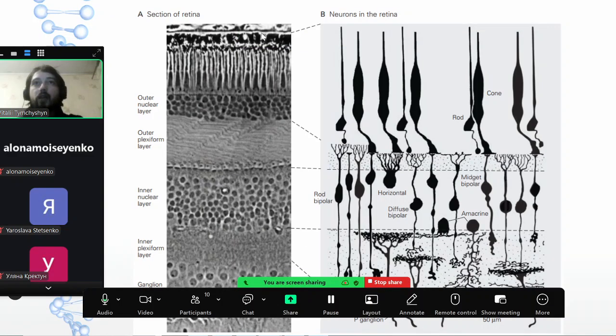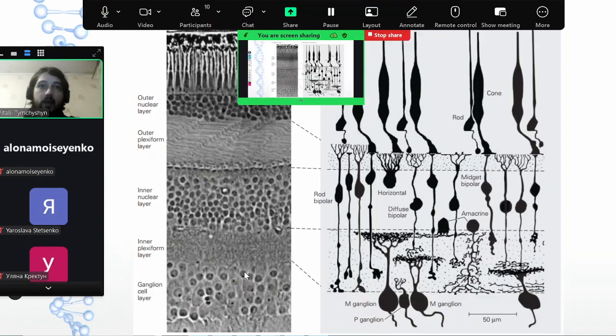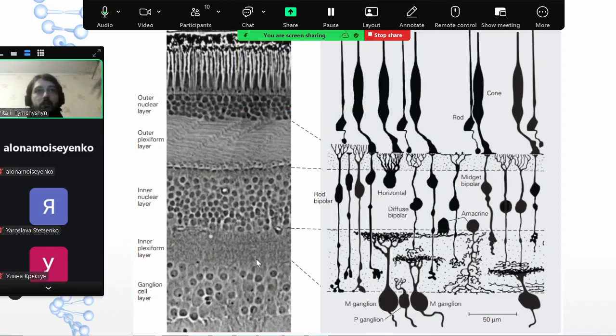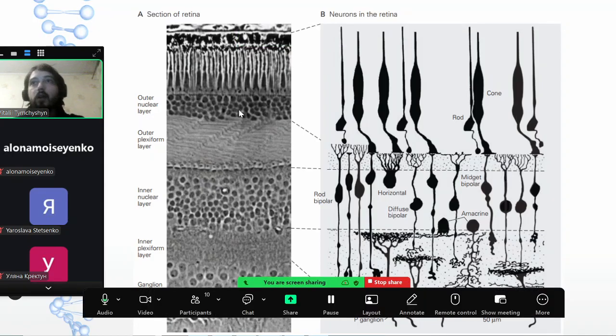Here I guess we have some sort of micrograph. So this is a micrograph of whatever is happening right there. It's a little bit turned upside down. So here on the top part you see the photoreceptors. These are rods and cones.